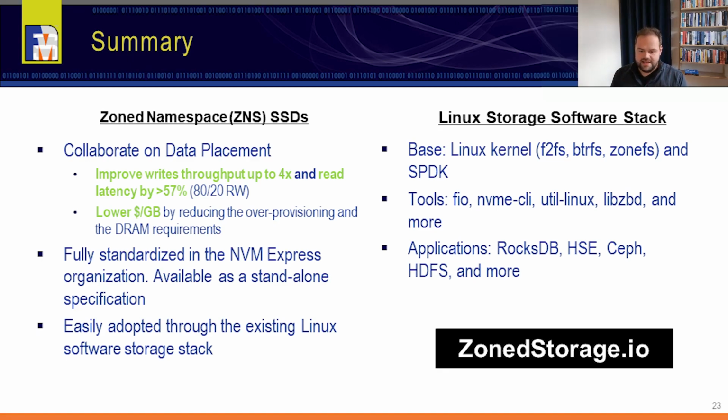It's fully standardized in the NVM Express organization, and right now it's available as a standalone specification, and it's easily adopted through the existing Linux software storage stack. We already have quite a few pieces, both the base with the Linux kernel and SPDK, we have the tooling, and there are more applications being worked on by everyone in the community in enabling it.